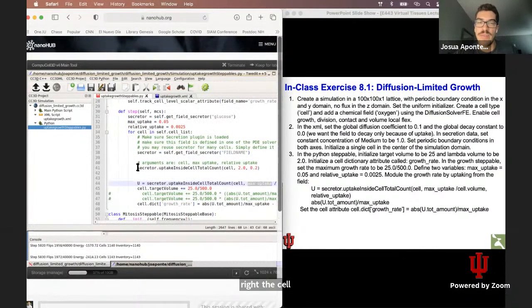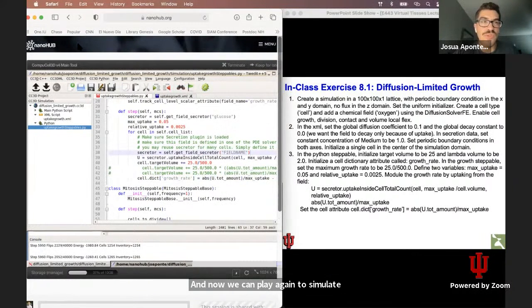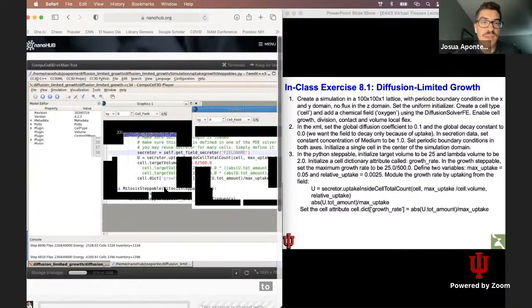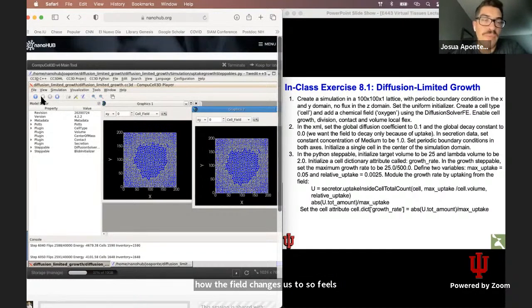That's what I do in that case. And now we can play again the simulation to see how the field changes as the cell fills up the whole simulation domain.